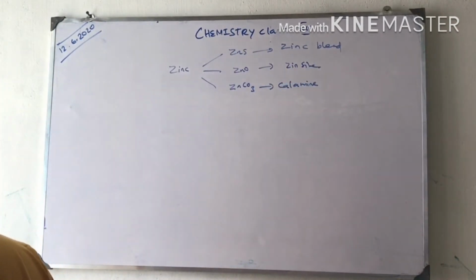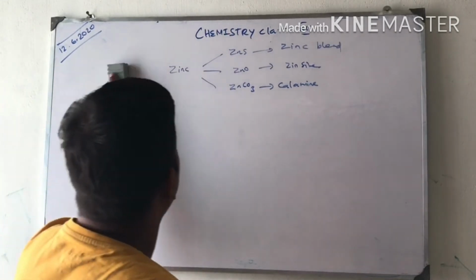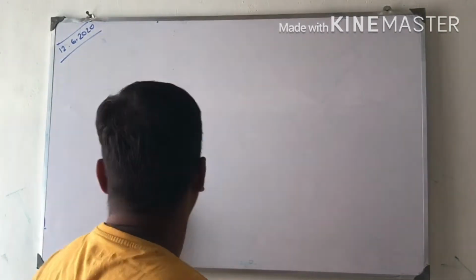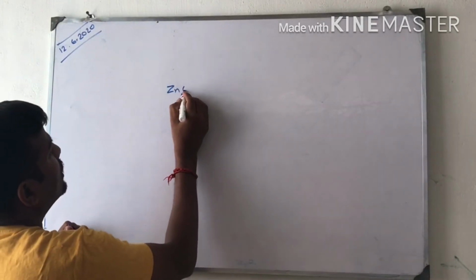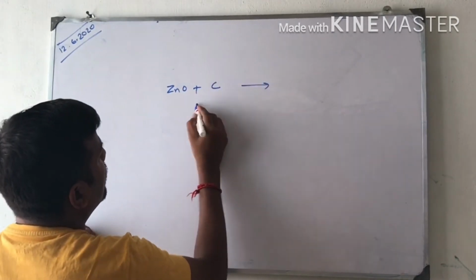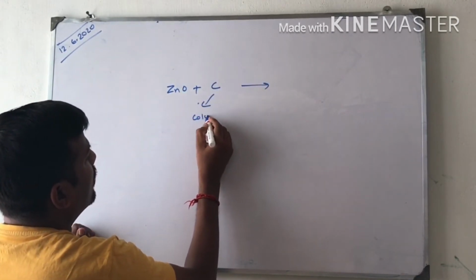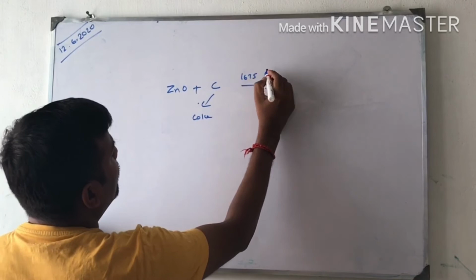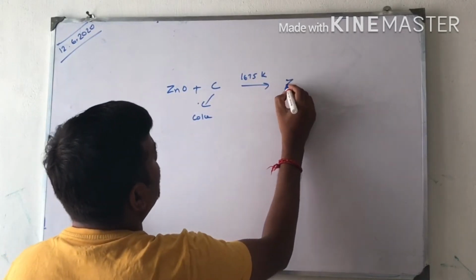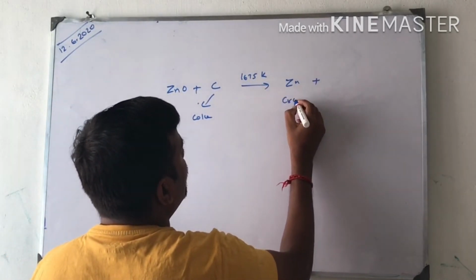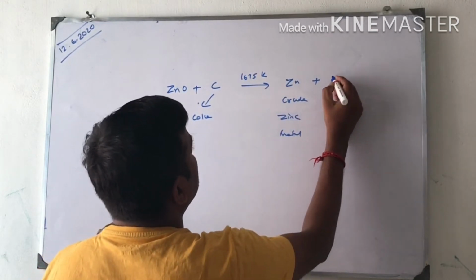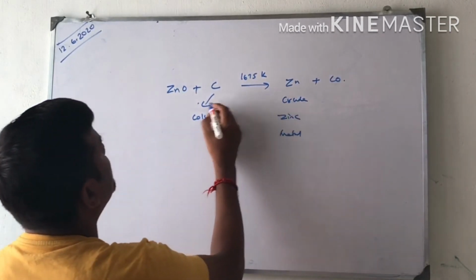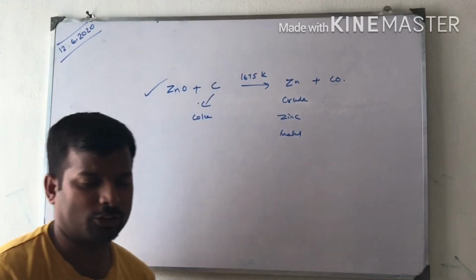We have seen all those in the first page of the textbook. These are the ores of zinc. Now how is it removed from its impurity? Zinc oxide undergoes reduction in the presence of coke at 1675 Kelvin. It converts into crude zinc metal plus carbon monoxide. This is the reaction given in the textbook.